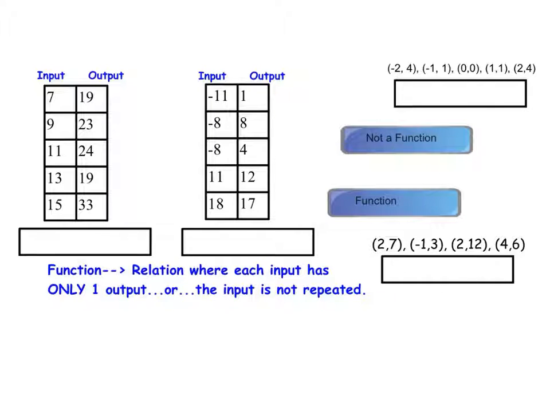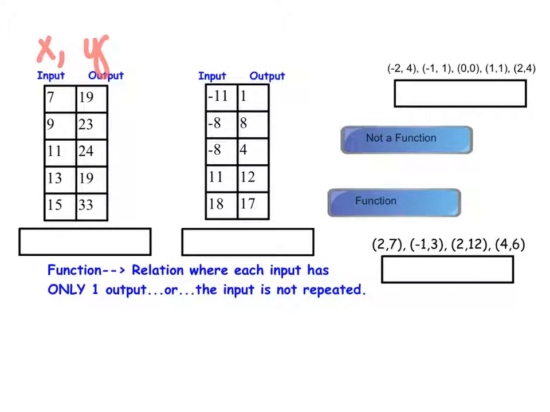Okay, so let's just check our understanding of that vocabulary. We're going to decide which of these examples are functions and which are not. So let's take a look at our first input-output table. Remember, here are our x coordinates and our y coordinates in the ordered pairs.